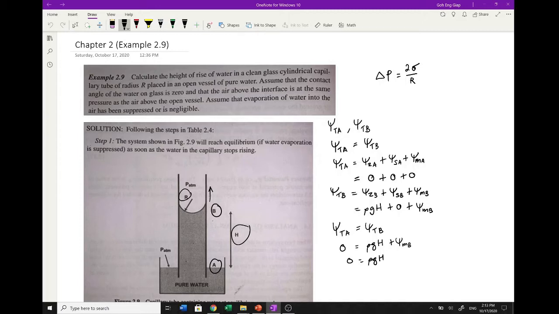As a result, we have to take this equation as negative. So we write negative 2 multiplied by surface tension divided by R. In this case, the capillary rise H equals 2 multiplied by surface tension divided by rho G and R. Here rho is the liquid water density, G is gravity, and R is the radius of the glass cylindrical capillary tube.